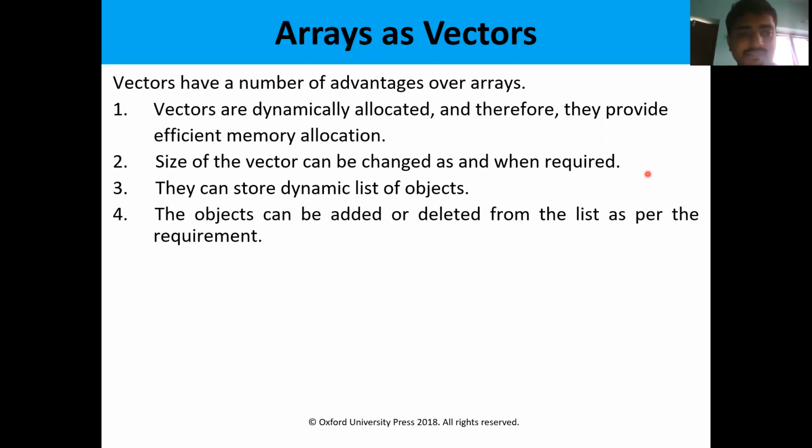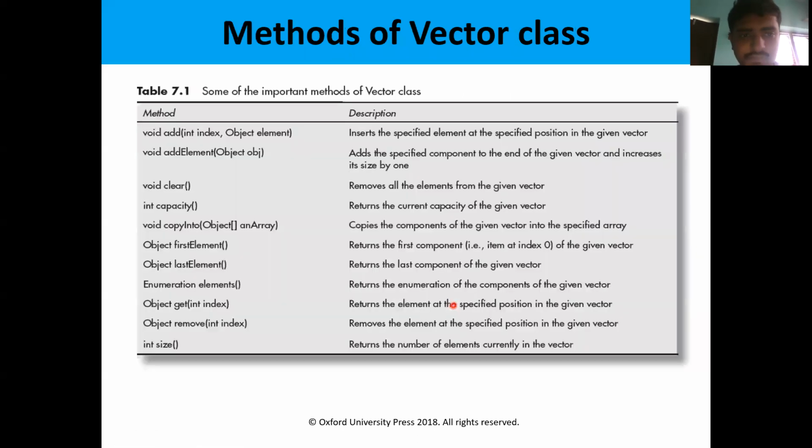But in arrays, an overflow problem will arise, while in vectors there is no such problem. They can store a dynamic list of objects. These are the main advantages of vectors compared to arrays.